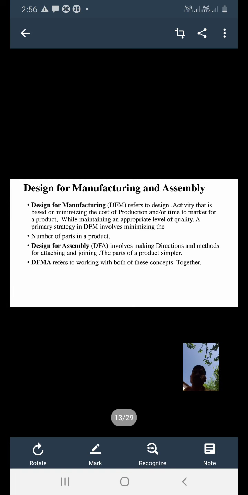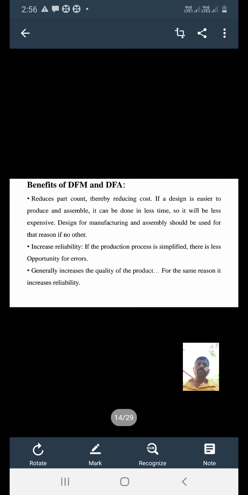We'll see the benefits of DFMA and DFA next. First is reducing the part count. I have already told you that you should reduce the part count. When you are doing manufacturing or assembly, reduce the part count, then you can easily assemble and manufacture. Also, if you reduce the part count, you can reduce the cost of the product.